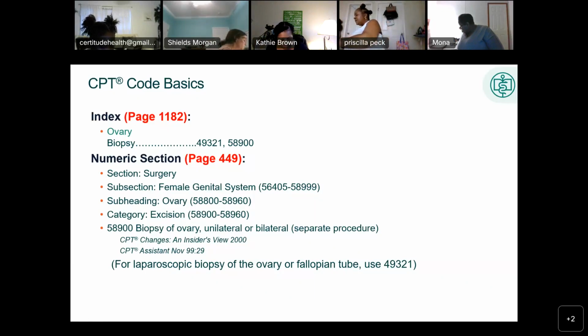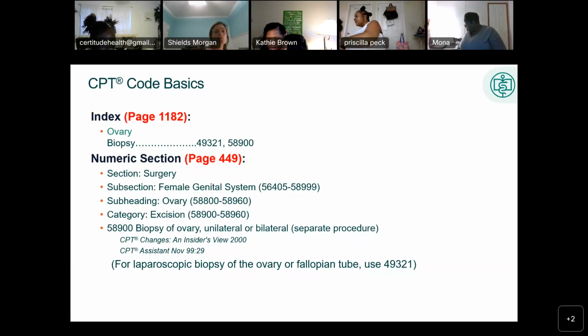It does. It says for laparoscopic biopsy of the ovary or fallopian tube, use 49321. If it says biopsy of ovary, then that's all you need to see. Unilateral or bilateral. It says separate procedure in parentheses.